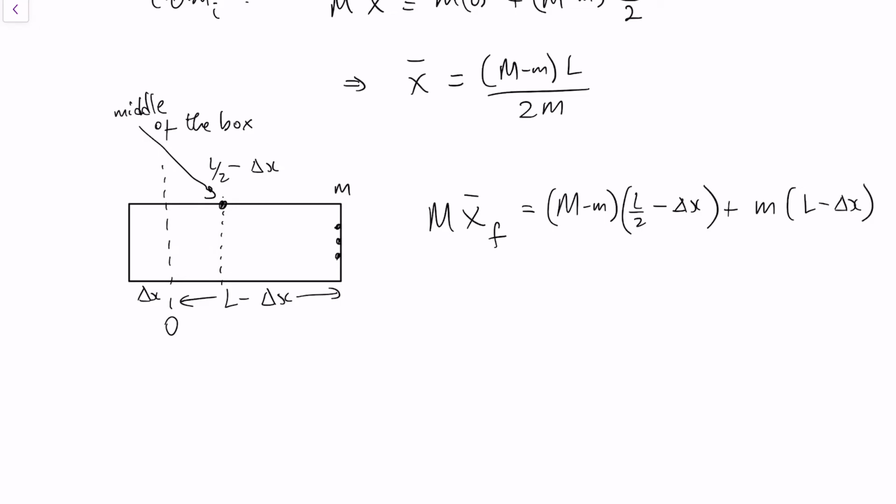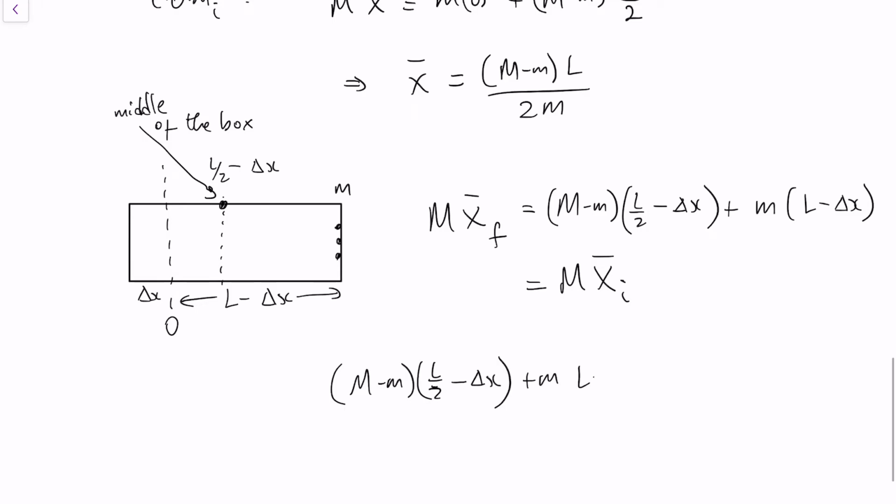Okay, but we assumed that the center of mass doesn't change, so that means that must equal M x bar initial. So in other words, we have (M minus m) times (L over 2 minus delta x) plus m times (L minus delta x) must equal (M minus m) L over 2, okay?